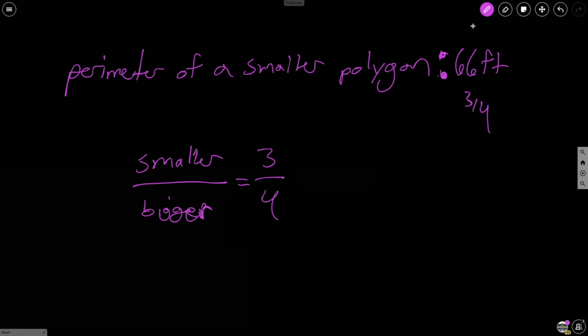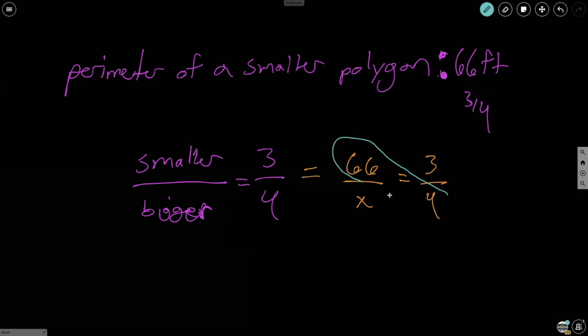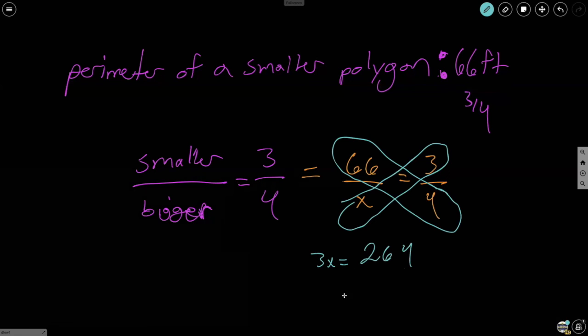We know the smaller is going to be 66 divided by x. And we just cross multiply. The perimeter is 88. Okay, so you're going to do that same process.